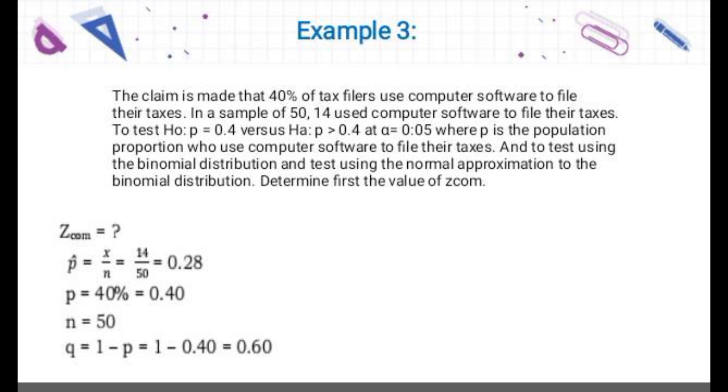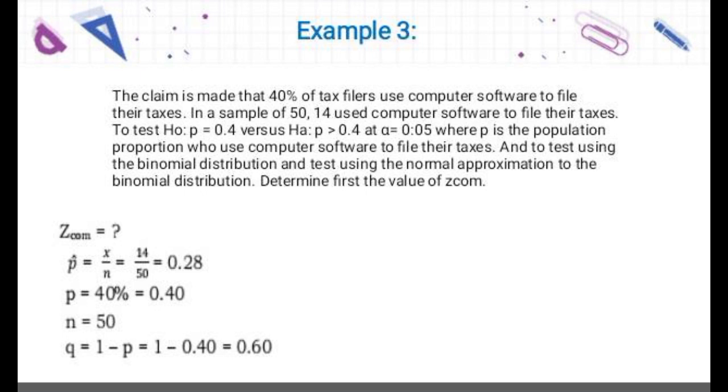Based on the paragraph, our population proportion is 40%, but we don't use percentage, so we're going to transfer it into decimal. 40 divided by 100 is equal to 0.40. Our N is given, which is 50.